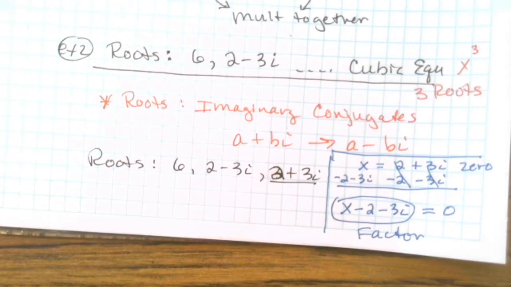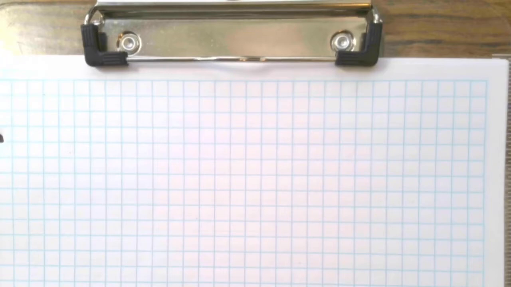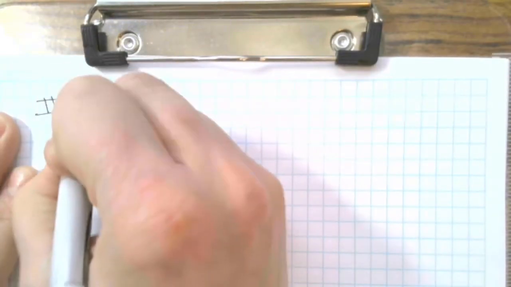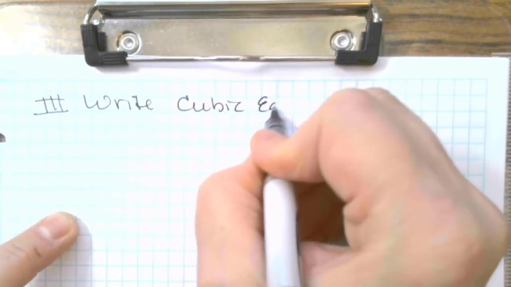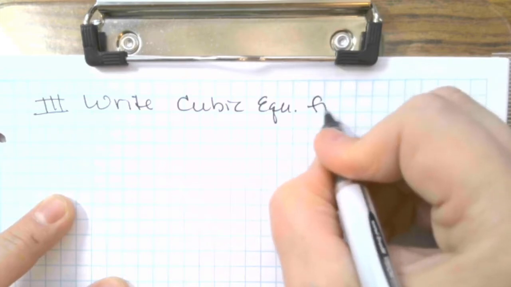Okay, Roman numeral 3. And I would definitely start at the top of a new piece of paper for this one. Roman numeral 3. We're going to write a cubic equation from data.